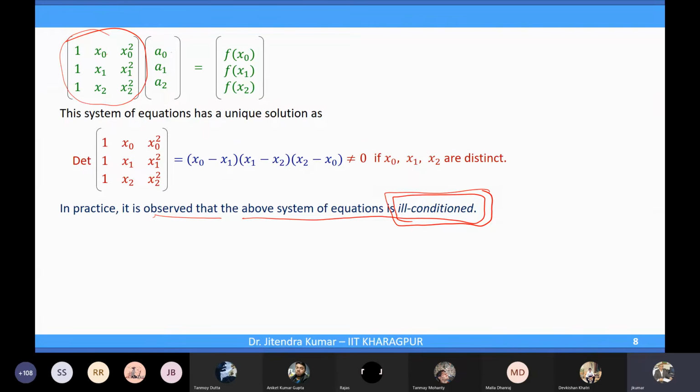You cannot just solve by Gauss elimination or those iterative methods because of the highly sensitive system, and these are called very ill-conditioned. Solving those systems really requires special attention. Even special methods are there which somehow control that portion, and then you are likely to get some good approximation.